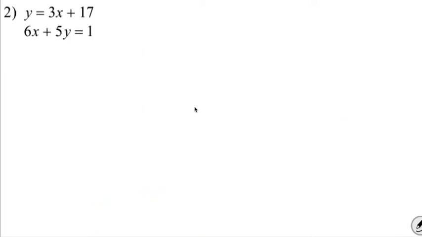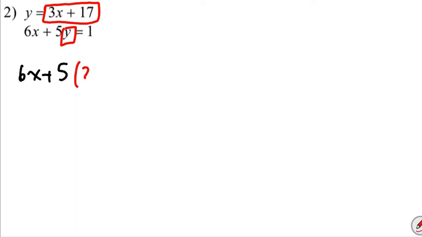Moving right along. Number 2, again, same concept here, same idea. I will take this value for y, and I am going to plug that in here for y. So let's go, here we go. 6x plus 5 times y is 3x plus 17 equals 1. Next, distributive property. You're going to do the same steps here over and over again.